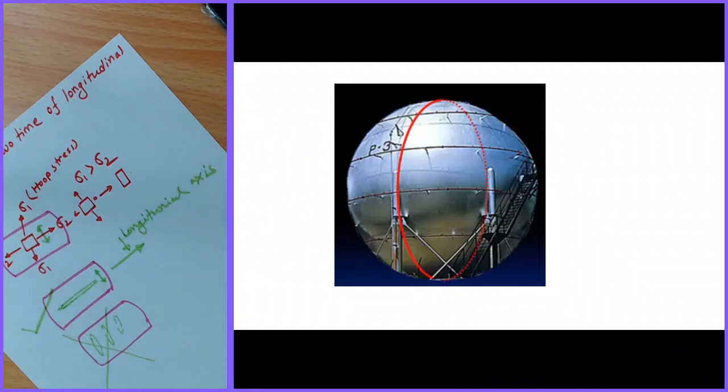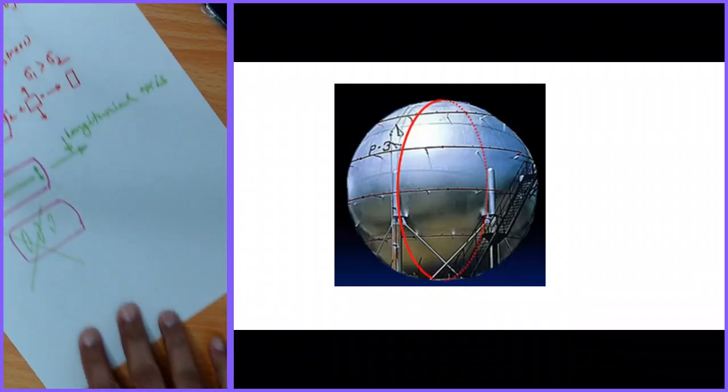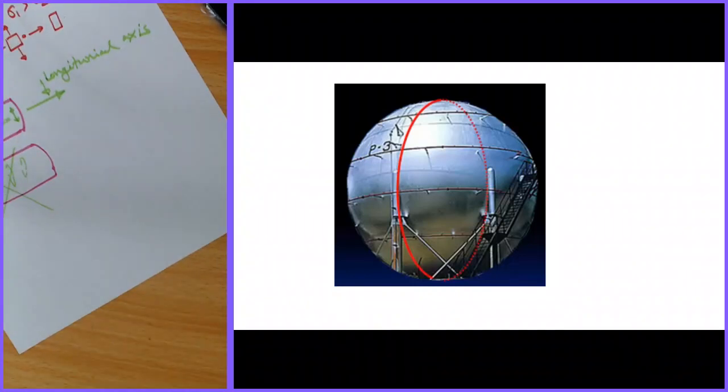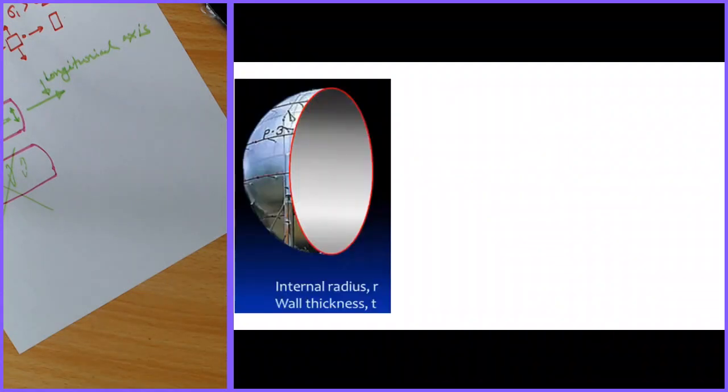Now, as I said before, there is another type of pressure vessel, the spherical pressure vessel. This is a spherical pressure vessel, and I'm considering a segment here. I cut this spherical pressure vessel in half, and it has an internal radius of r and a wall thickness of t.